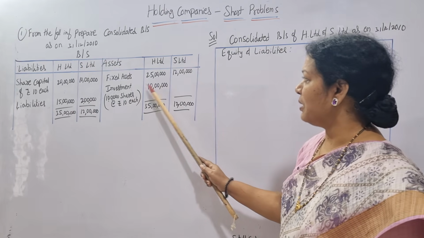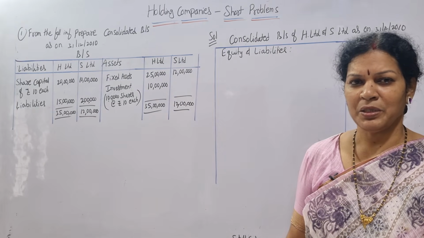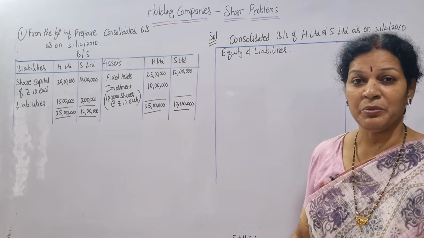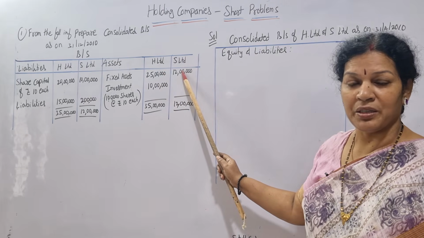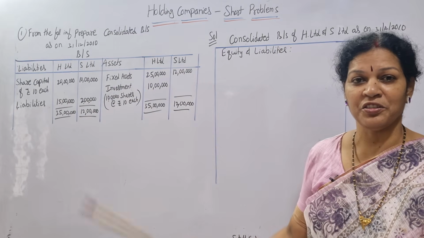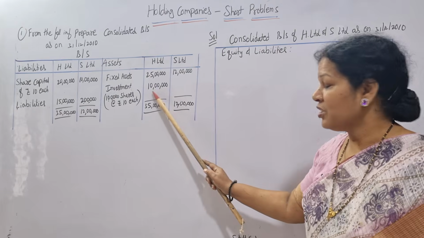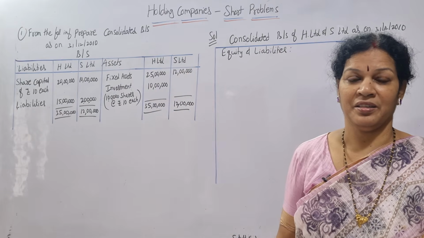Now here investment is 10 lakh. Whose investment? H Limited's investment. H Limited means the holding company, and S Limited is the subsidiary company. Both companies' balance sheets are given. H Limited is investing 10 lakh rupees in the subsidiary company.